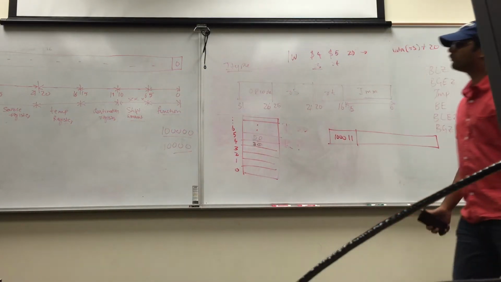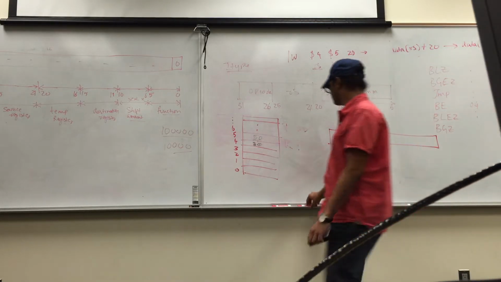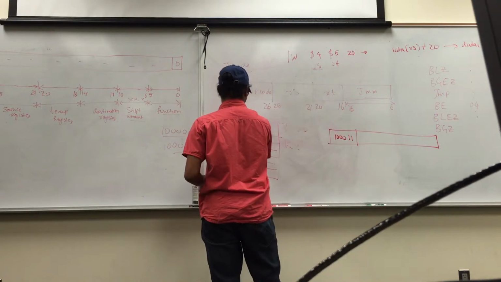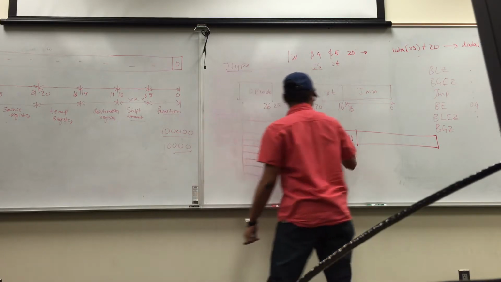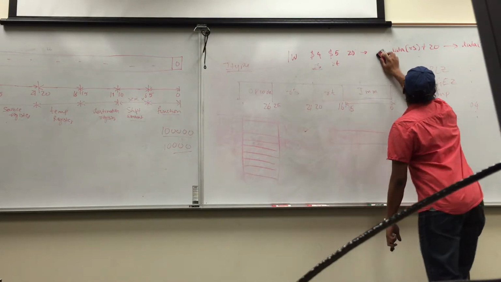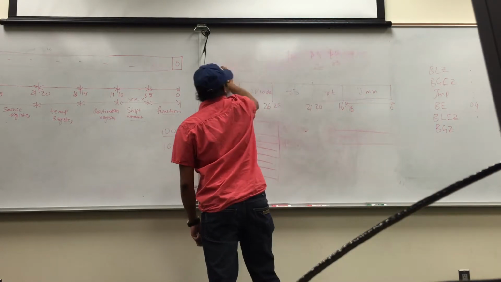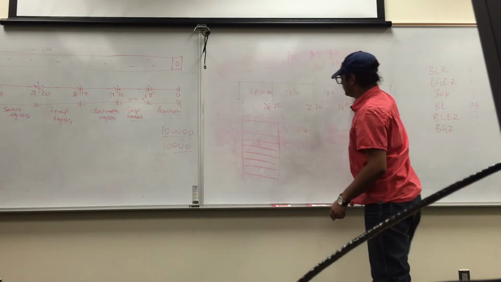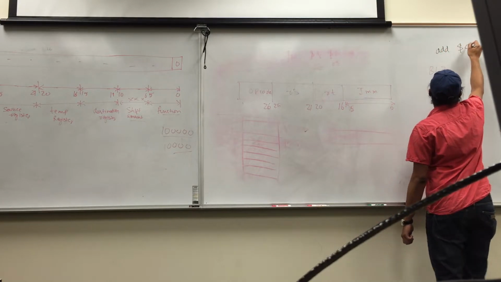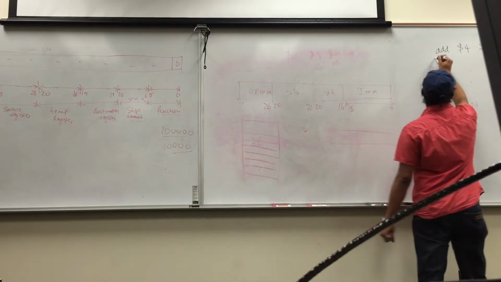So now if I give you add $4, $5, $6, what would this instruction do?